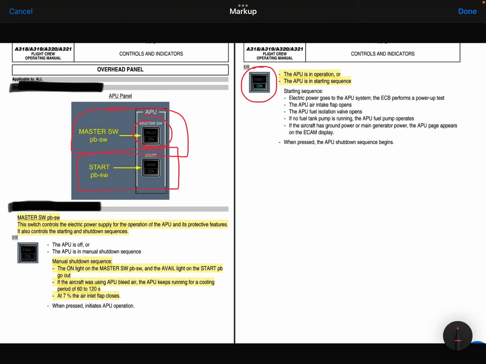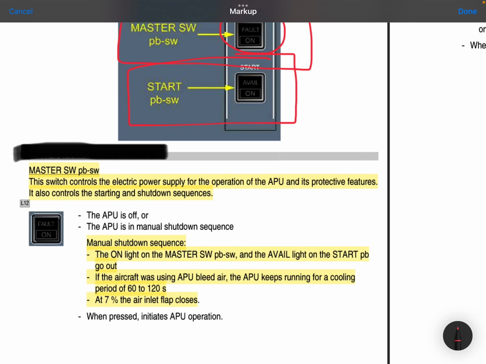What else do we have in this? Anything important? Yes, these lines are important. During manual shutdown, if the on light on the master switch push button and the avail light on the start push button go off, and you switch it off, then if the aircraft was using APU bleed air, APU keeps running for 60 to 120 seconds, right?